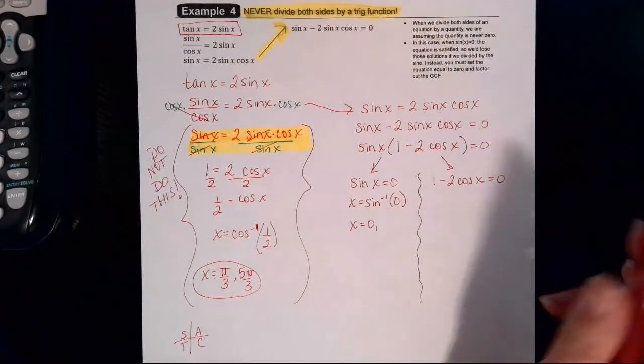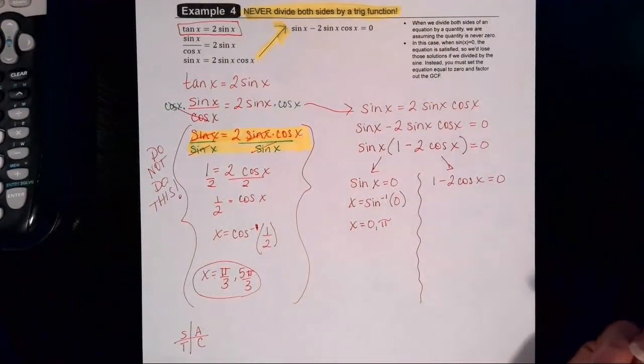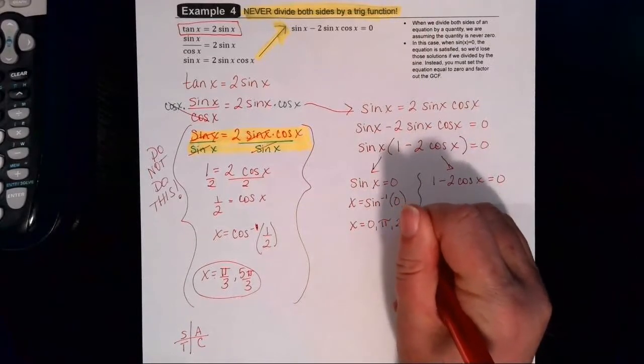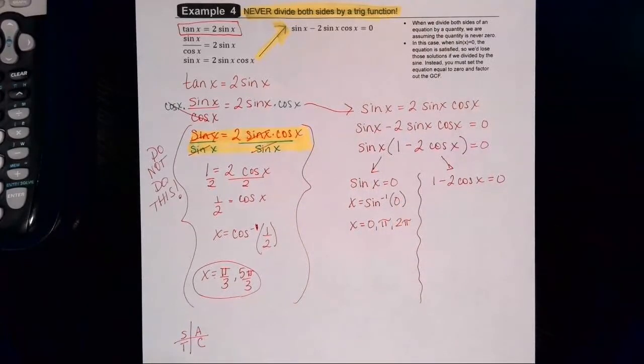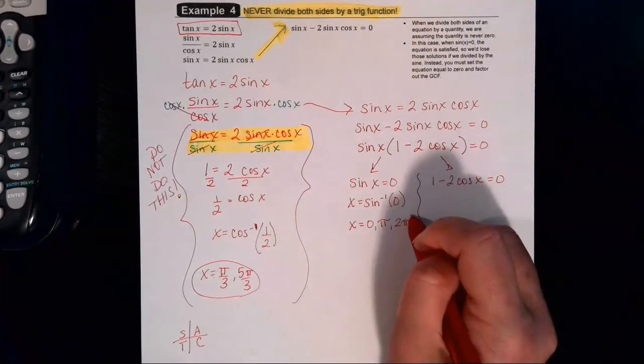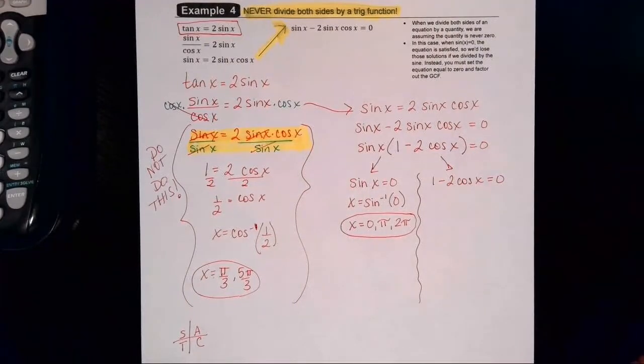And then halfway around the circle at pi, we would also have a y-coordinate of 0. And then back again to the positive x-axis at 2 pi, we would have another y-coordinate of 0.